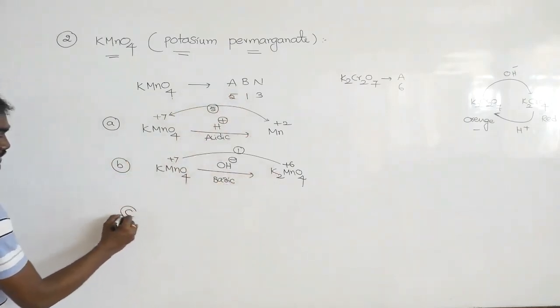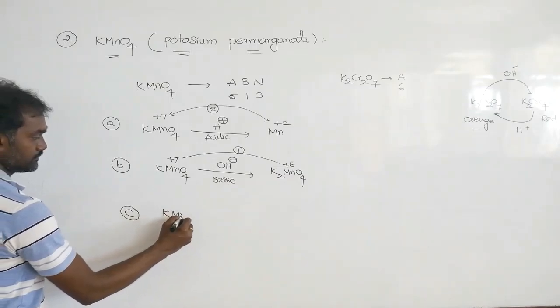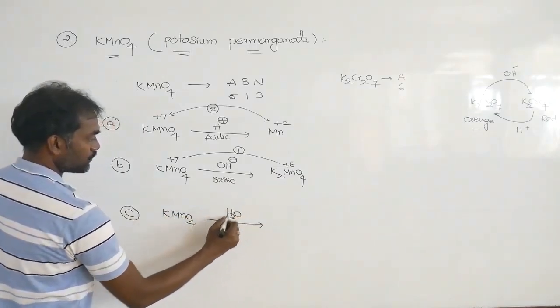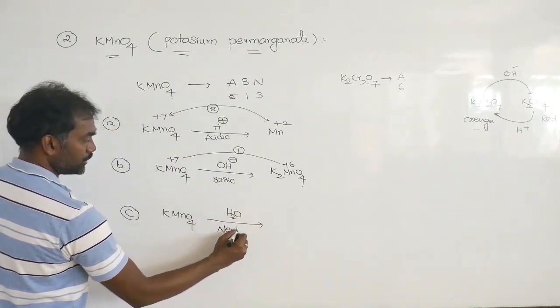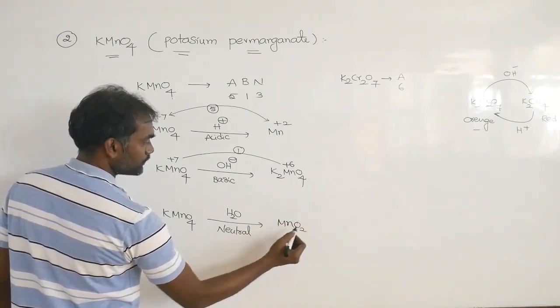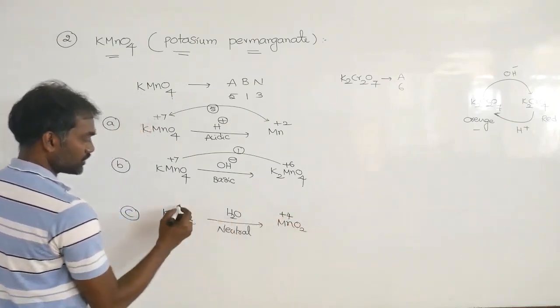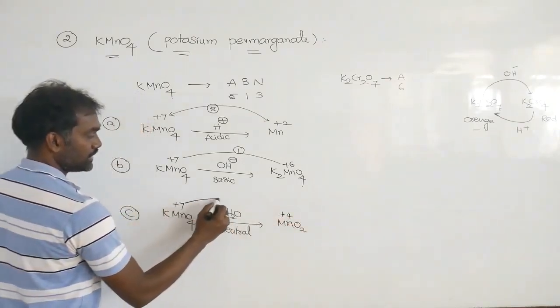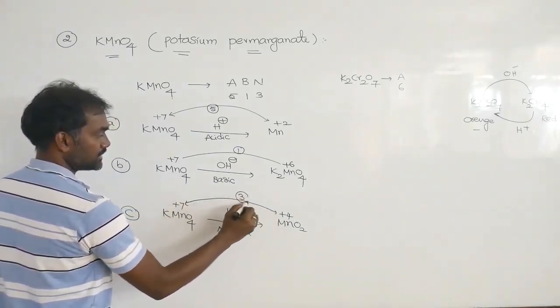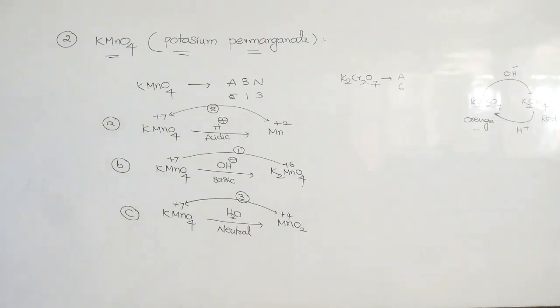Next, neutral medium, KMnO4 in the presence of water. Water you take as neutral medium. So it becomes MnO2. So this is plus 4, this is plus 7, here to here. How many electrons are exchanged? 3 electrons are exchanged.